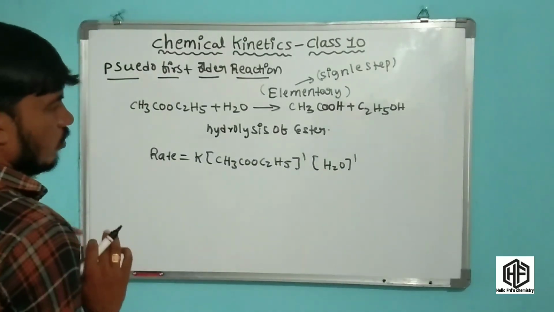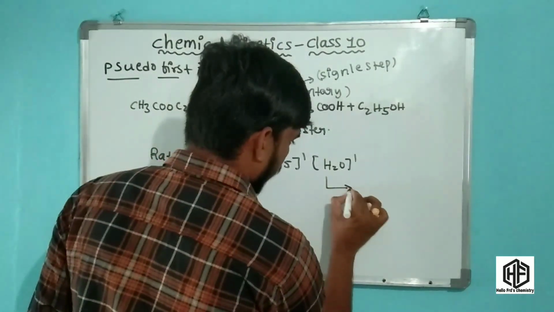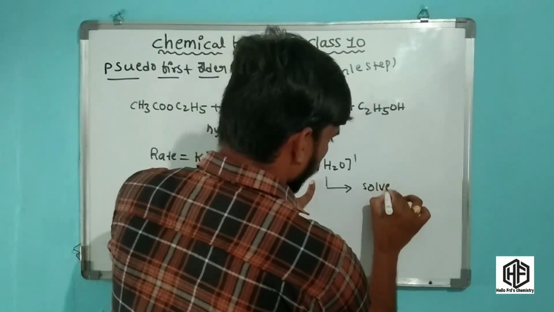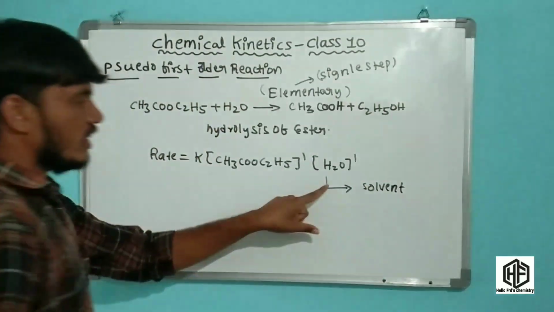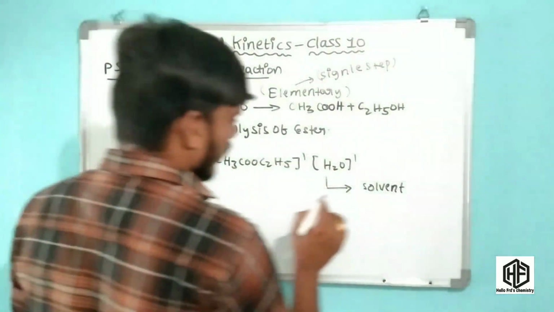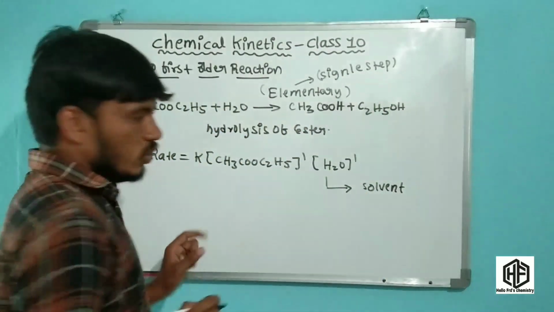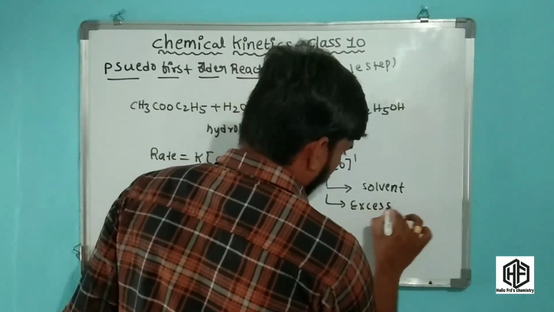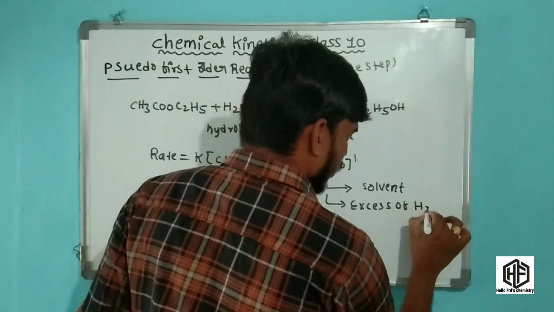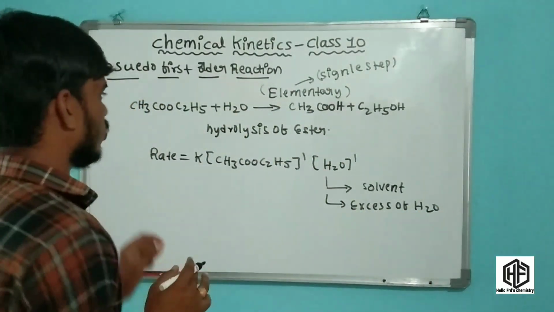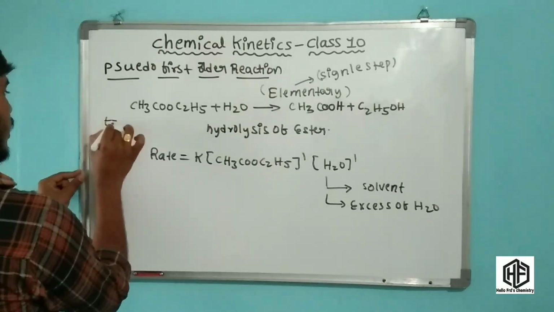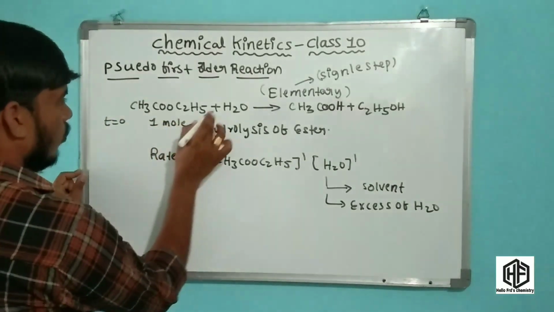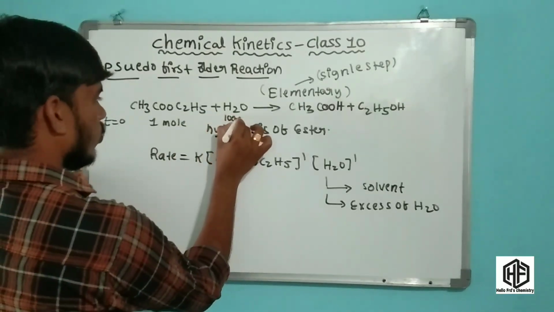But in this reaction what happened friends? This H2O acts as a solvent. It means there is an excess of H2O in this reaction. Because it acts as a solvent, at t equal to 0 time, this ester is 1 mole and this H2O is 1000 moles.